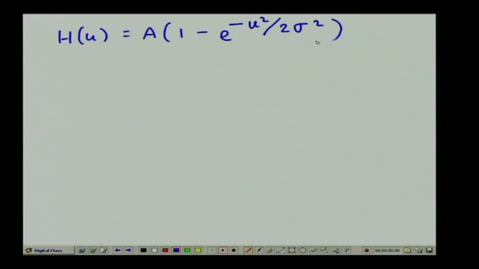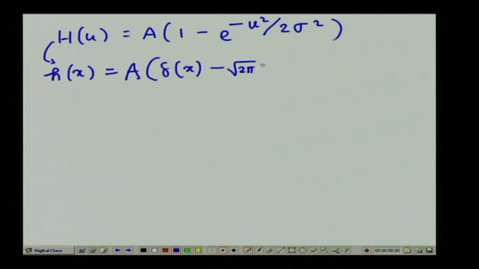So, this is the high pass filter which is defined using the Gaussian function. If I take the inverse Fourier transform of this, the corresponding spatial domain filter will be given by h x equal to a into delta x minus square root of 2 pi into a into e to the power minus 2 pi square sigma square x square.